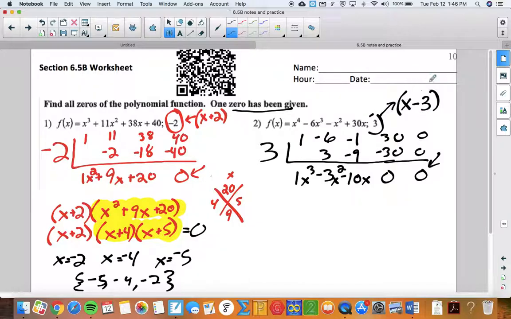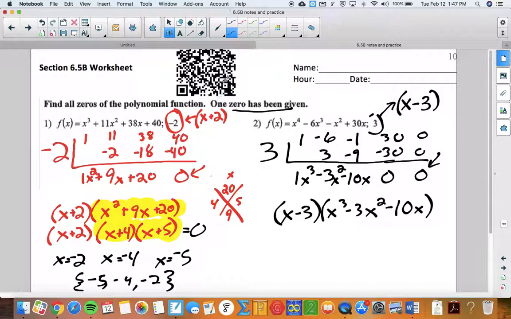So, right now, I know that one factor was x minus 3, because remember they told us that 3 is a 0? That automatically tells you that x minus 3 is a factor. Well, this times this equals the original polynomial. So I need to take that x minus 3 times what I got from my remaining polynomial after I synthetically divided.